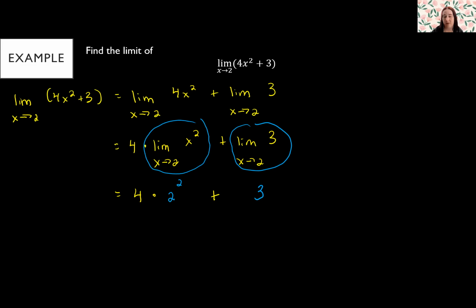And then from there, it's just a matter of doing algebra. So we've got 4 times 2 squared, and 2 squared is 4. So it's 4 times 4 plus 3. 4 times 4 is 16 plus 3, and then that comes to 19. So our final answer, the limit here is 19.